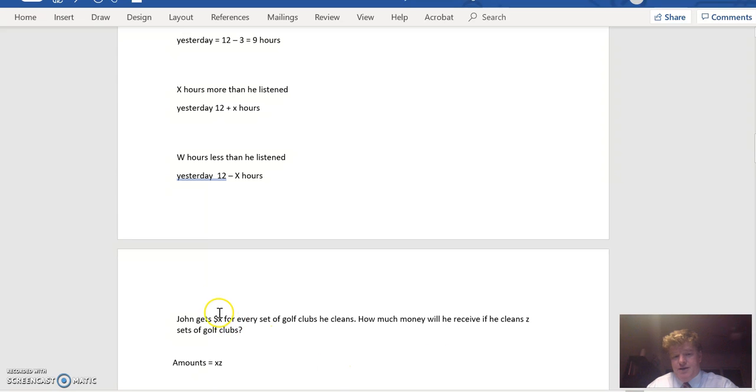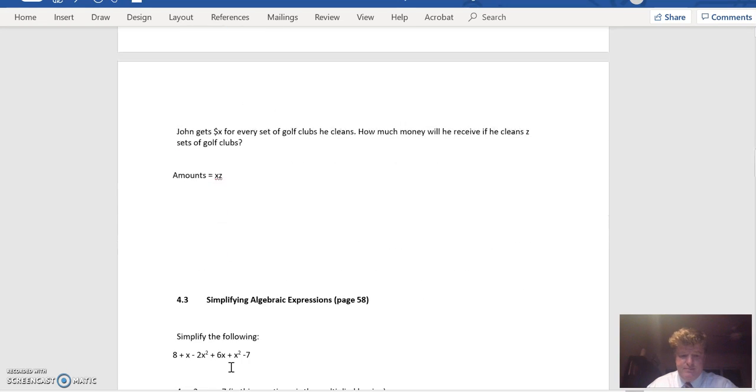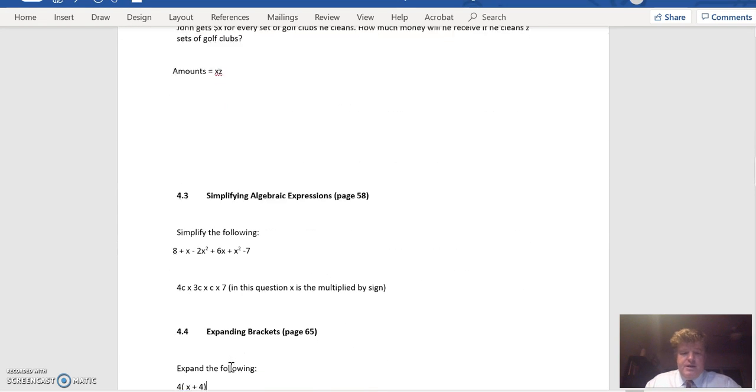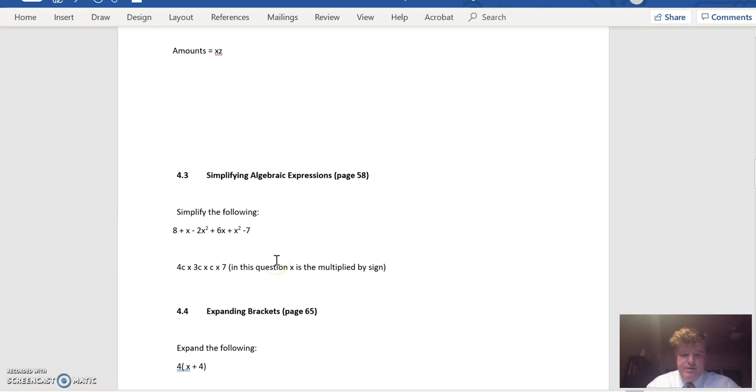Just as if he had been getting $5 and cleaned 10, it would be 5 multiplied by 10, which is 50. In this case, he's getting X for cleaning Z, it's X multiplied by Z. When we write XZ like that, remember there's a multiplied sign in between.